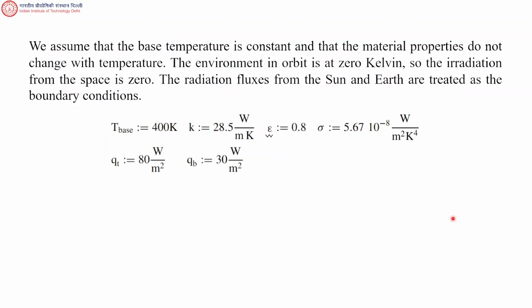So these are the properties, the base temperature, the thermal conductivity, and so on. This is the heat flux at the top, 80 watt per meter square. Then the heat flux at the bottom is 30 watt per meter square.